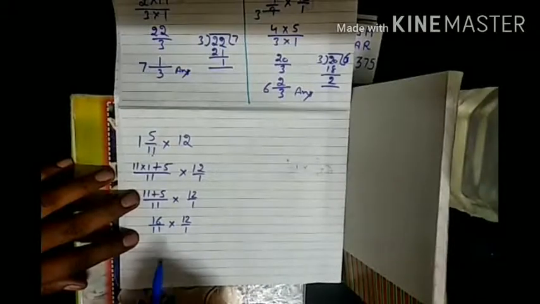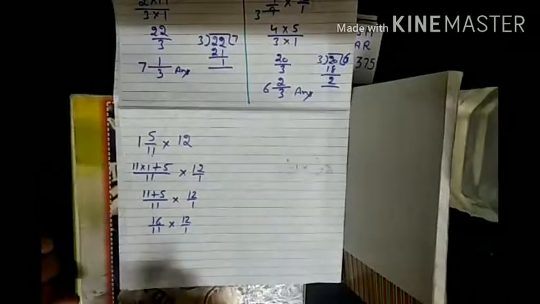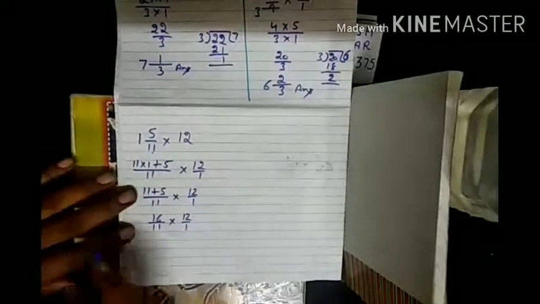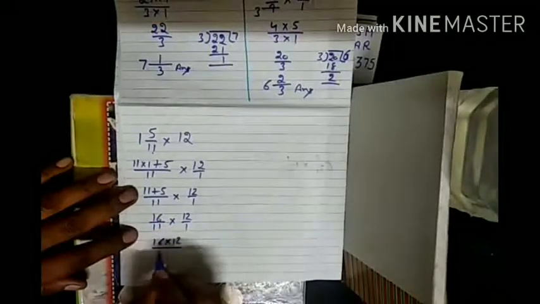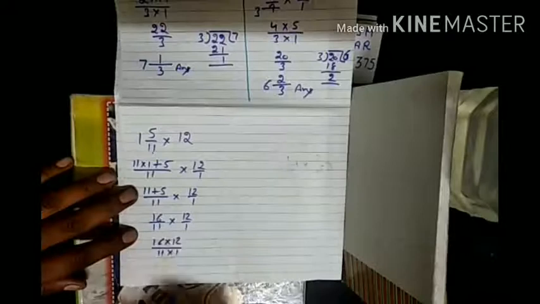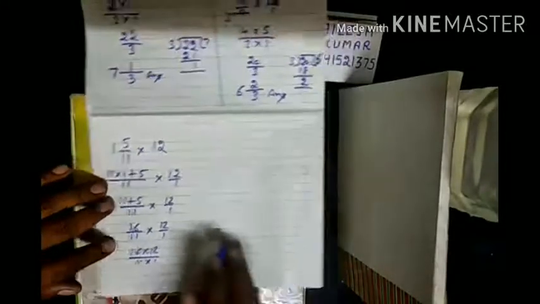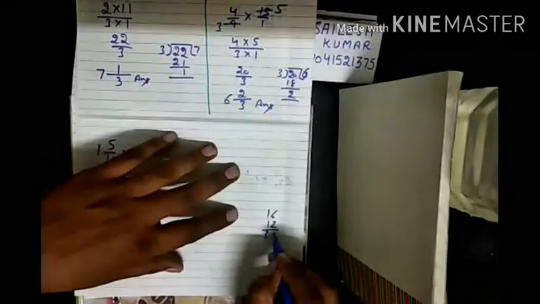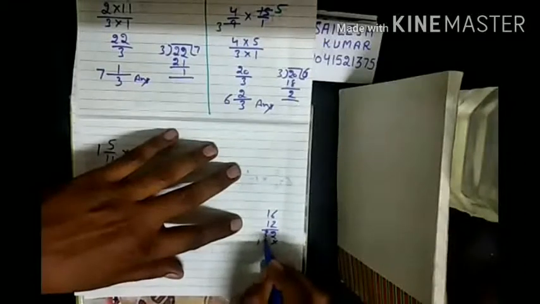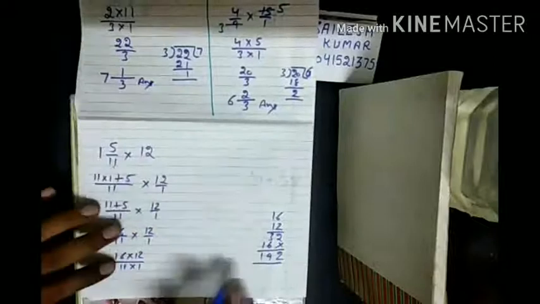If there were a common factor, then we would divide, but there is no common factor, so we will multiply numerators with numerators and denominators with denominators. When we multiply 16 by 12, we get the answer 192.